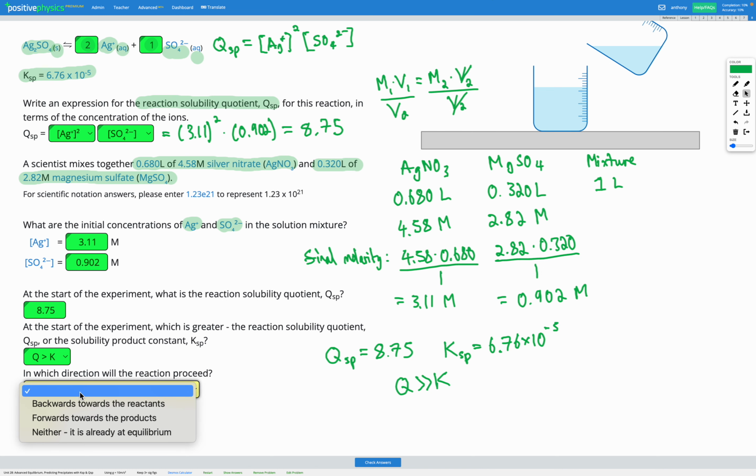So in which direction will the reaction proceed? It's going to be backwards towards the reactants. And our reactant is our solid, Ag2SO4. Will a precipitate of silver sulfate form? Remember, precipitate just means a solid. And in this question, since the direction is proceeding backwards towards the solid reactant, yes, a precipitate will form.